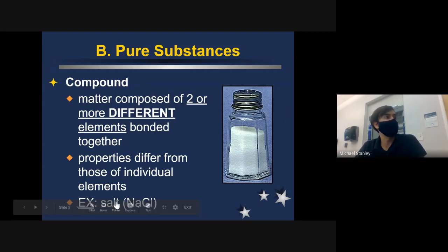And table salt is made out of the atom sodium, which is Na, and the atom chlorine, which is Cl, bonded together, stuck together at the chemical level. So sodium chloride, or NaCl, gives us salt.